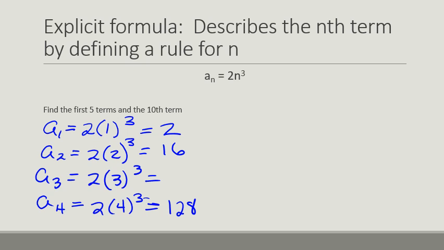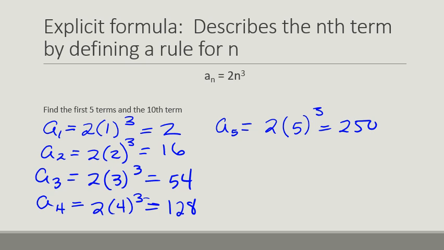This one's wrong, sorry, because 3 cubed is 27 times 2 is 54. The fourth term would be 2 times 4 cubed, so 64 times 2 is 128. And then a sub 5 would be 2 times 5 cubed. So 125 times 2 is 250.